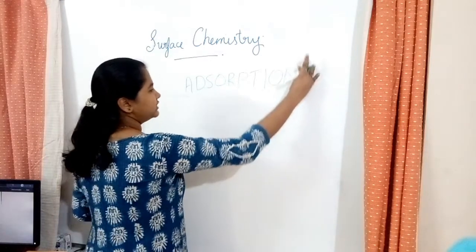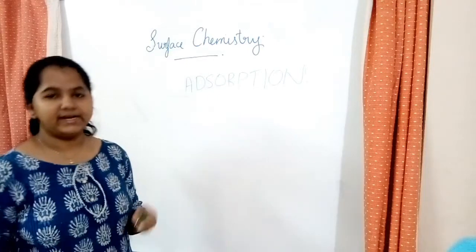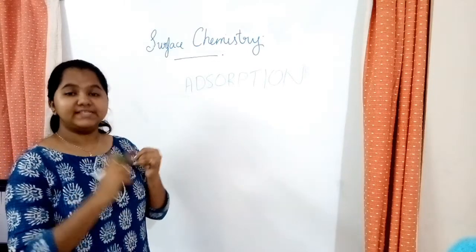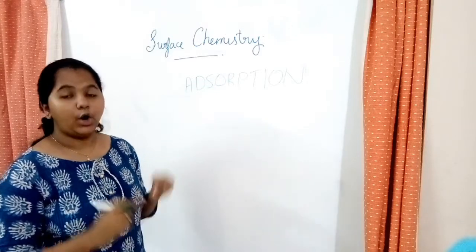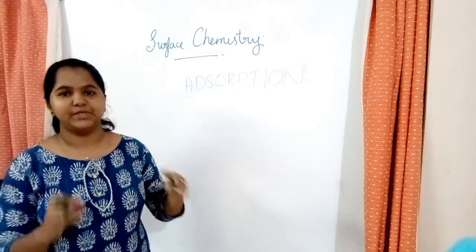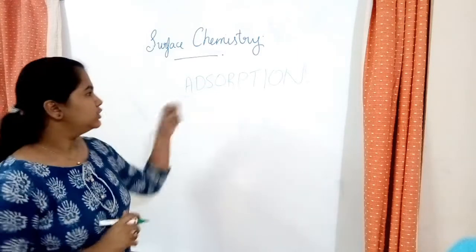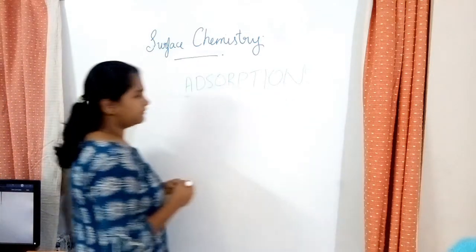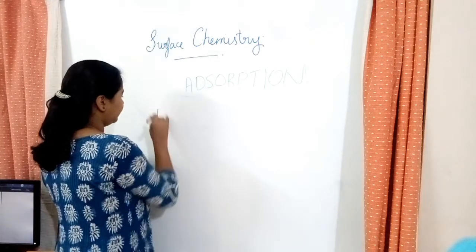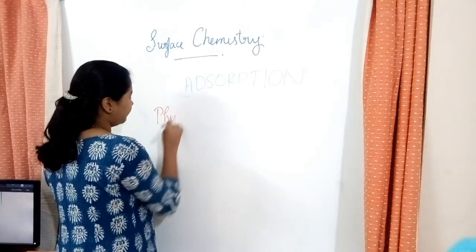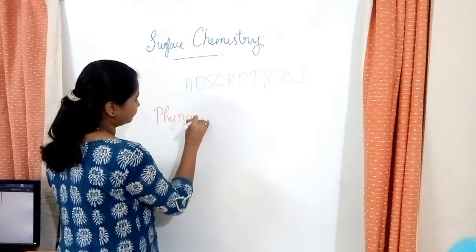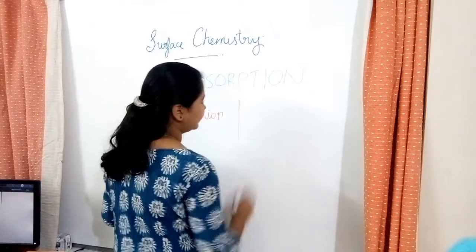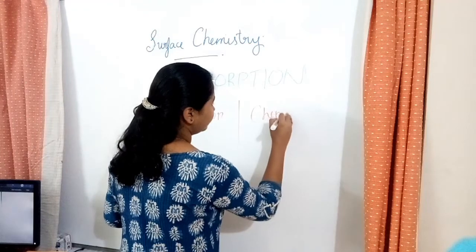what is adsorption. Adsorption is of two types based on the type of the adsorbent and the adsorbate, or the intermolecular forces between the adsorbent and the adsorbate. So adsorption is divided into two: the first one is physisorption, the second one is chemisorption.